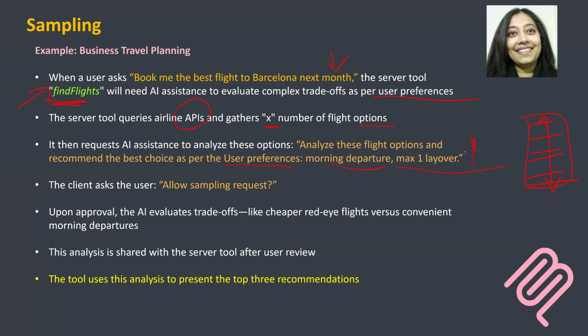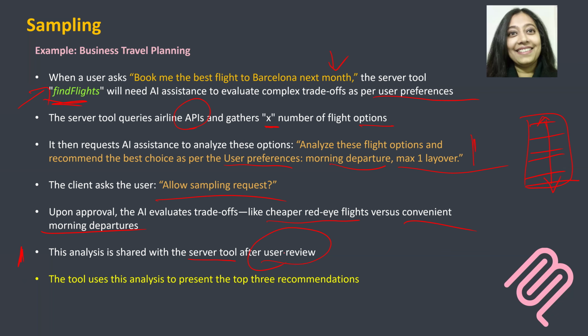So what the client is going to do is ask the user, allow sampling requests. Upon user's approval, AI evaluates trade-offs. Like, there could be cheaper red-eye flights versus convenient morning departures. Then this analysis is shared with the server tool after, of course, user review.